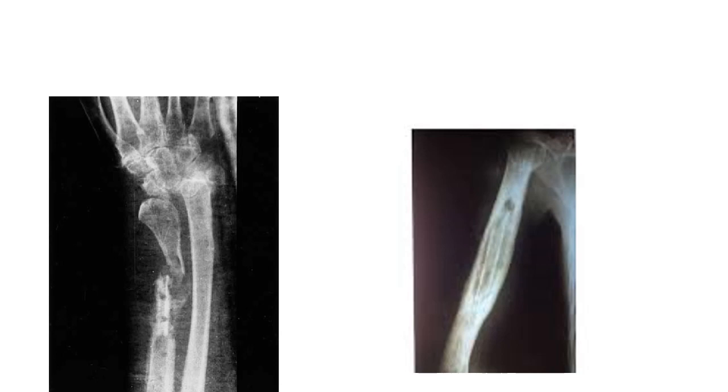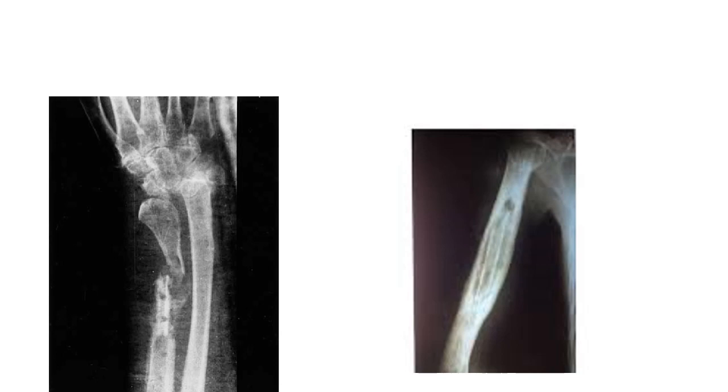This central piece is sequestrum, and the newly formed bone around the sequestrum is called involucrum. If an opening is present in this involucrum, that opening will be called cloaca, and that cloaca will lead its way through the discharging sinus in soft tissues and skin to the exterior.